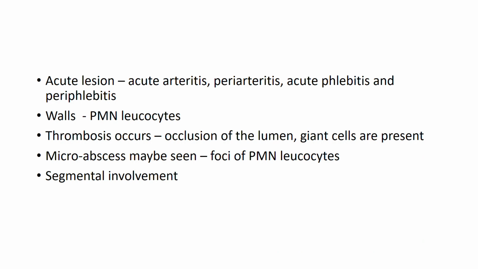Now, as we know, in any acute inflammation, there is infiltration of polymorphonuclear leukocytes and other immune cells. So if you see the walls, you can see that the walls are infiltrated with these leukocytes, and because of damage of the walls, the blood comes in contact with the lamina propria and the blood clot begins.